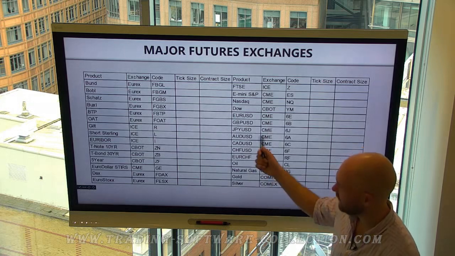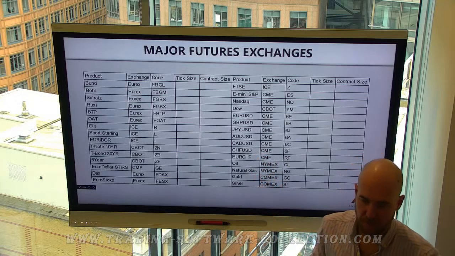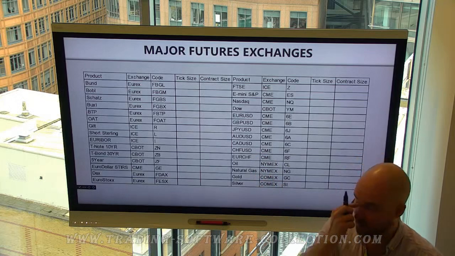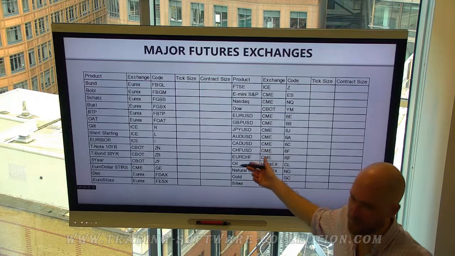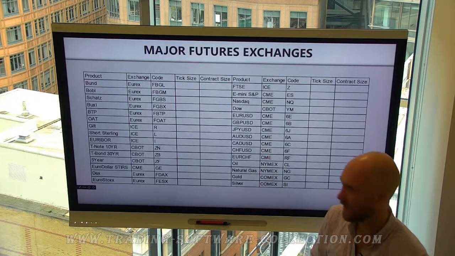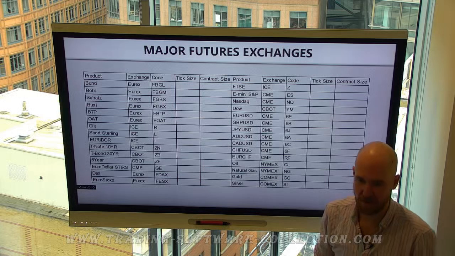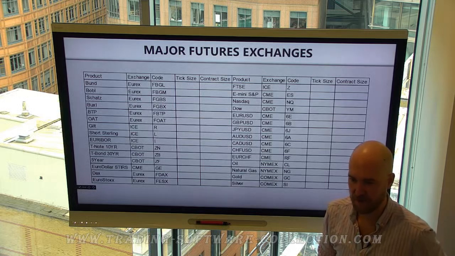In terms of currencies, and we'll do this tomorrow. Yeah, tomorrow, I think. No, not tomorrow, Wednesday. Currencies, pretty much everything is against the dollar, just because that's what everyone trades against. Euro Swiss has a little bit of volume in it. Euro sterling, even less.